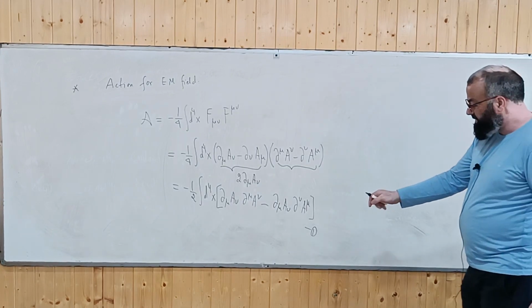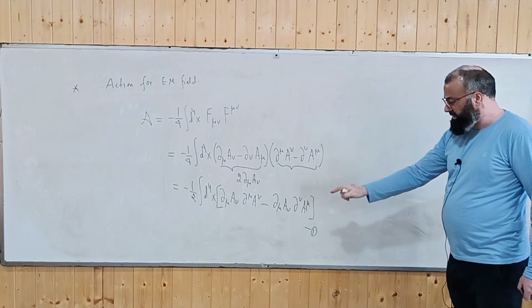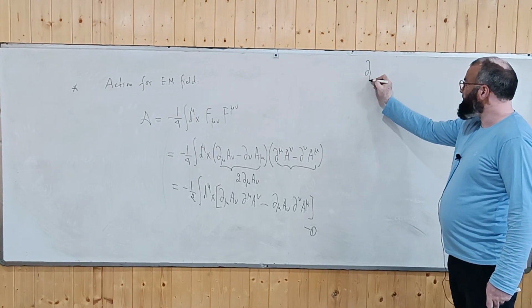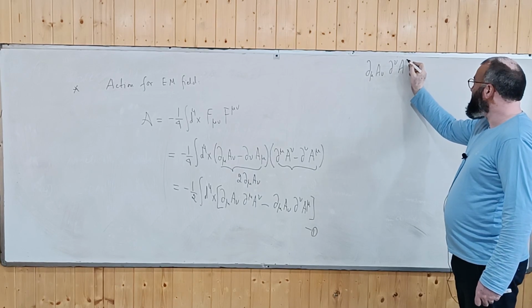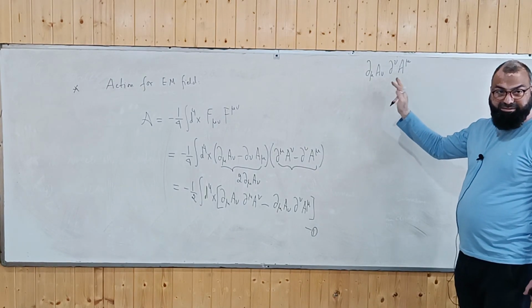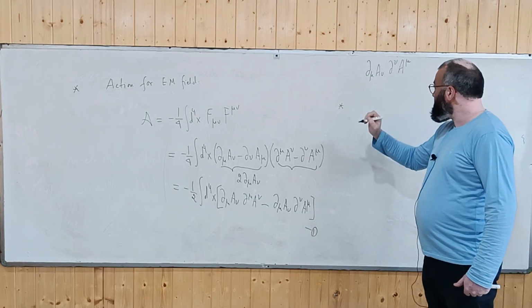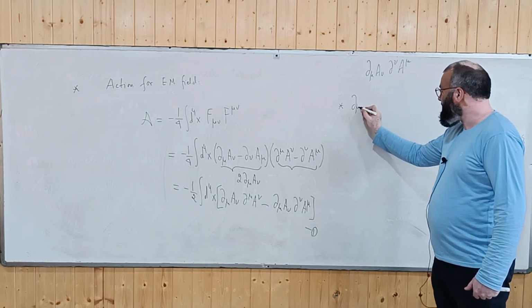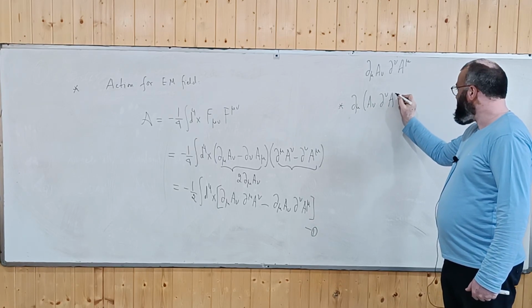Okay, so let's look at this very term. I am having this term partial mu A nu, partial nu A mu. What I will do, I will rewrite this equation in this very fashion. Okay, just wait a second. Just look. So let me take this total derivative, partial mu A nu, partial nu A mu.